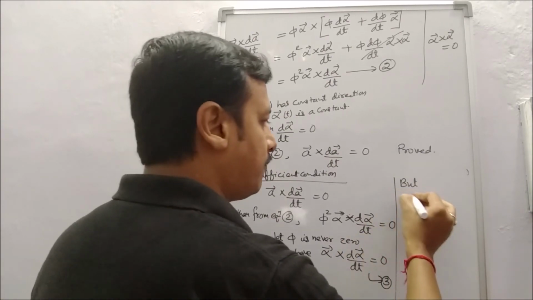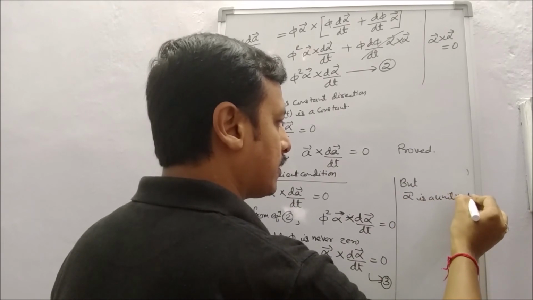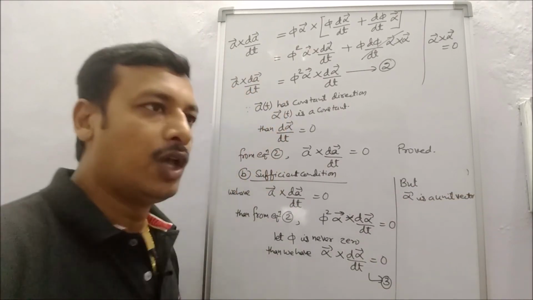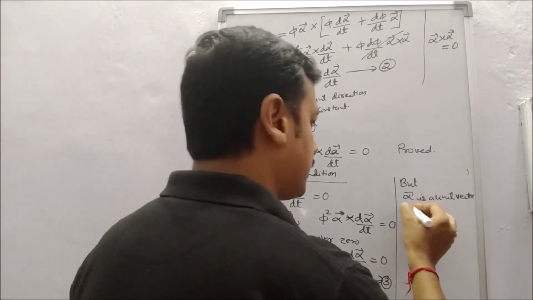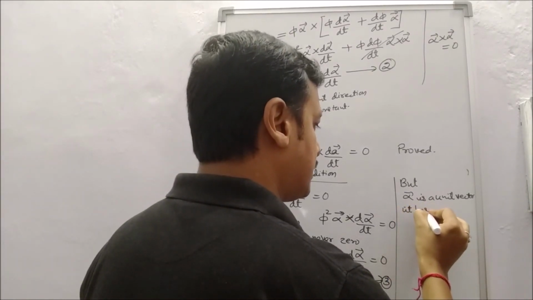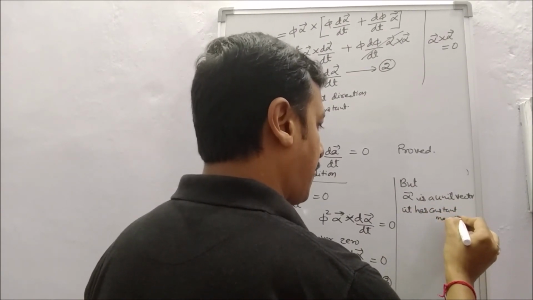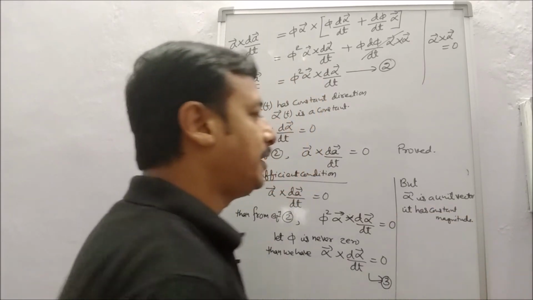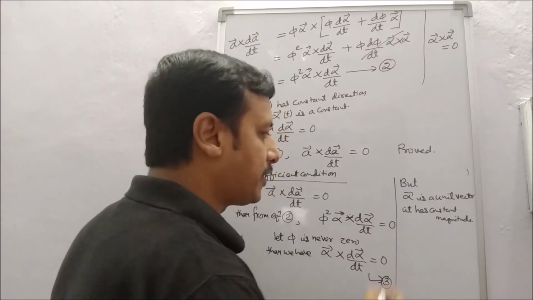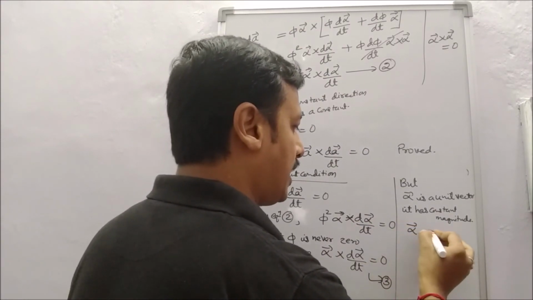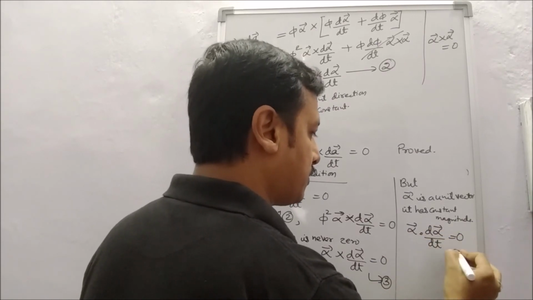But alpha is a unit vector, and so it has constant magnitude. And in the second part, we have proved that if a vector has constant magnitude, then the dot product of the vector and its derivative is equal to 0.